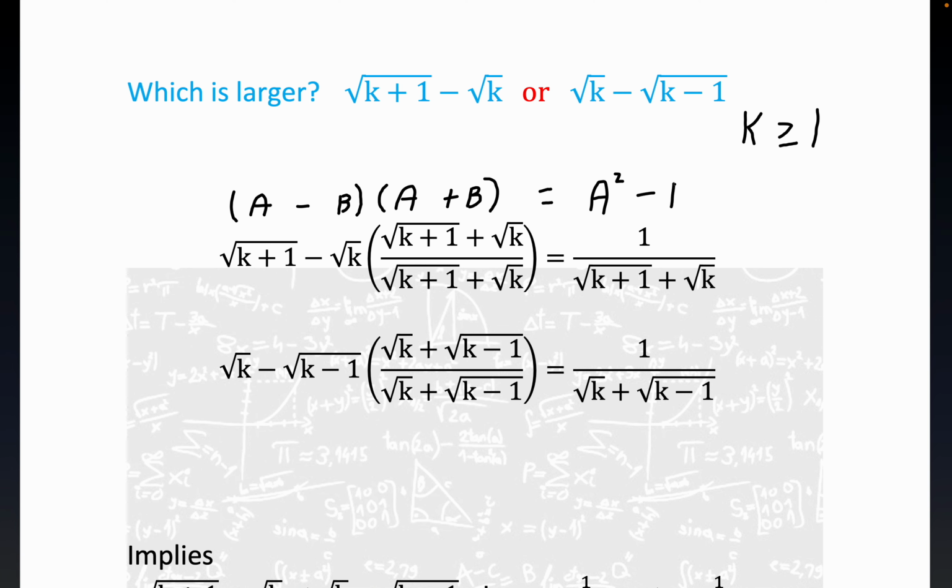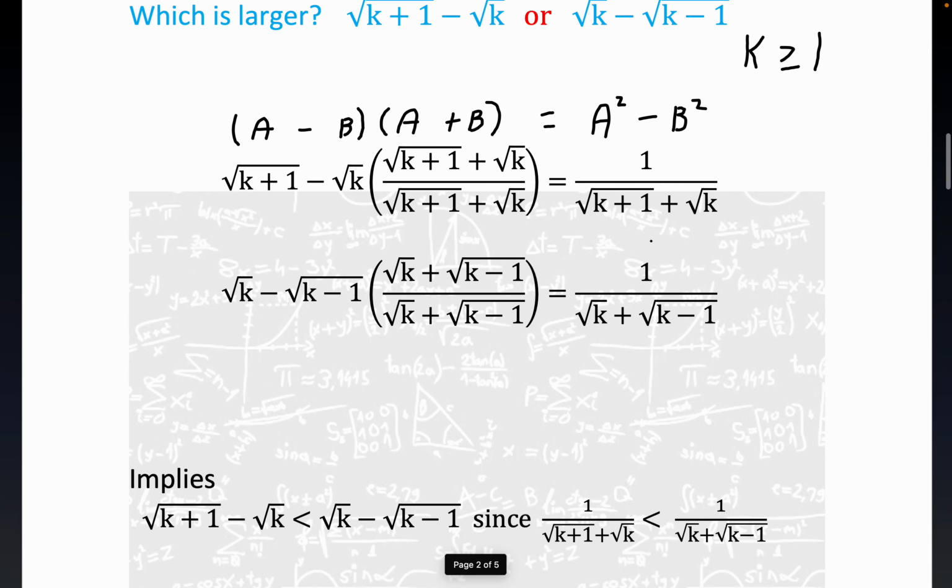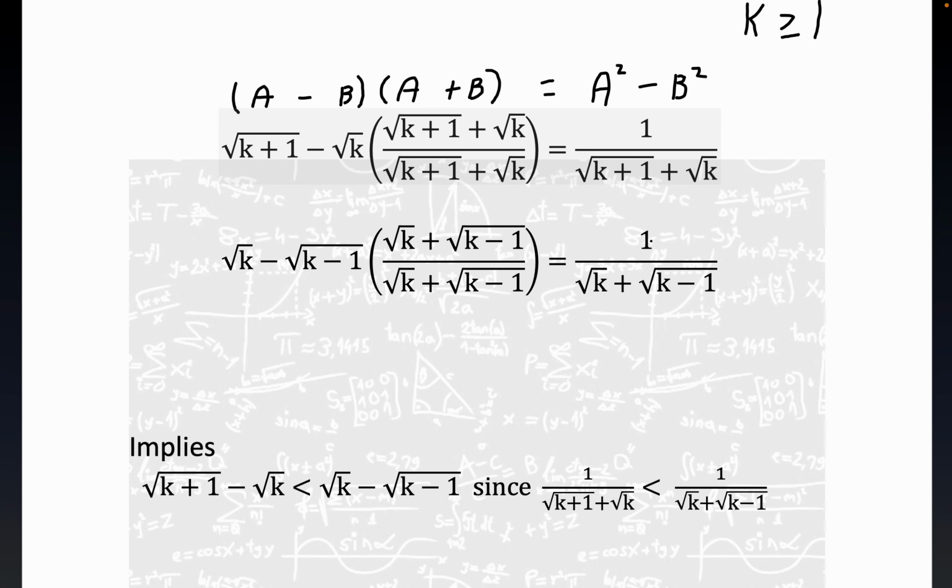Now it looks nutty, like how in the world could that be equal to 1? But if you just know what your a is, the square root of k plus 1, when you square that, you get k plus 1. And similarly for b squared, b would be the square root of k, and when you square it, you get k. So k plus 1 minus k is just the 1 you see right here. And that's good news, because it makes it easier to compare the two numbers.